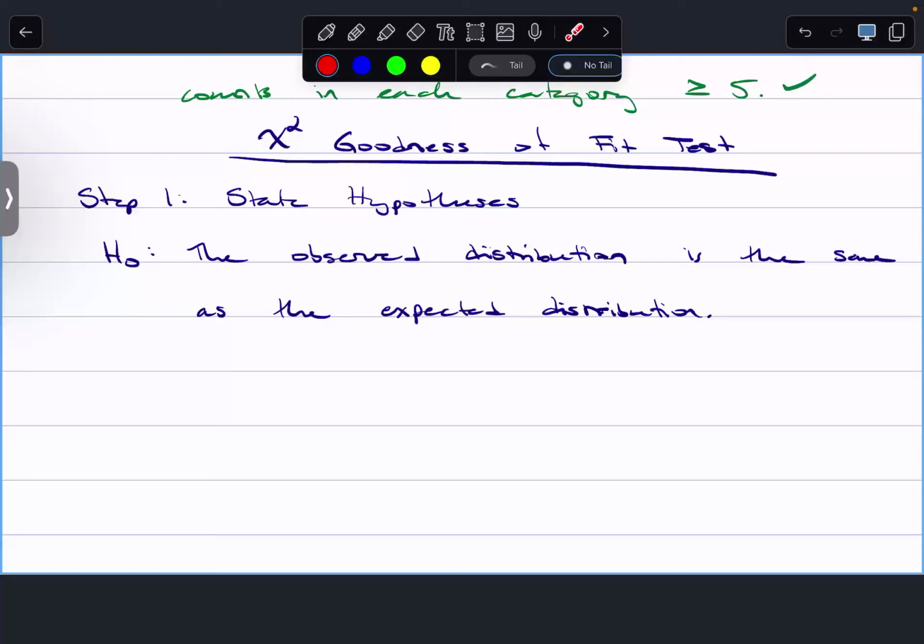And so what we want to do is tweak this a little bit for our question, right? The expected distribution that we're checking against is an even distribution.